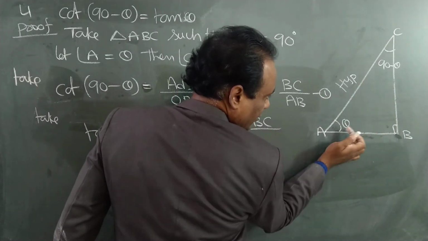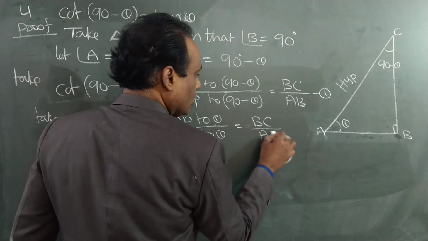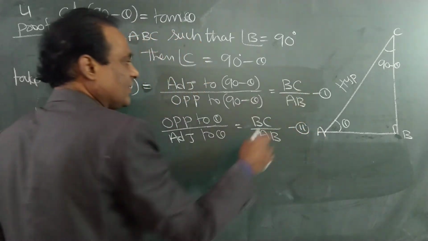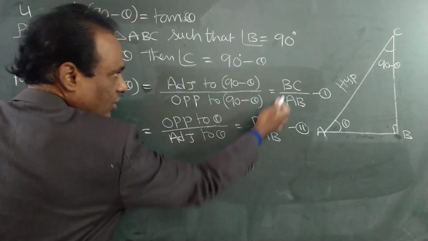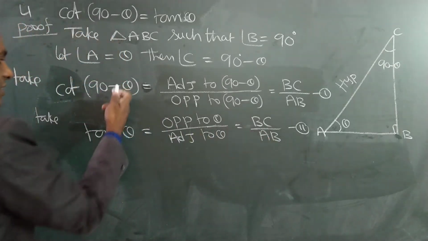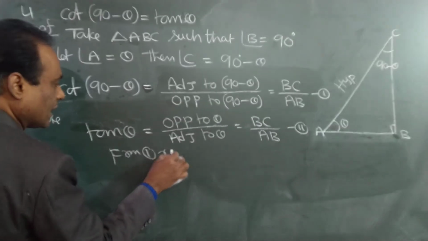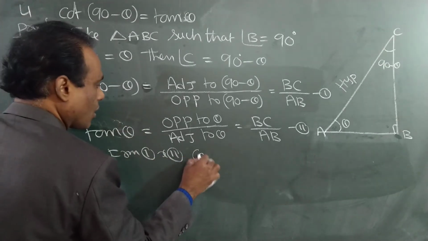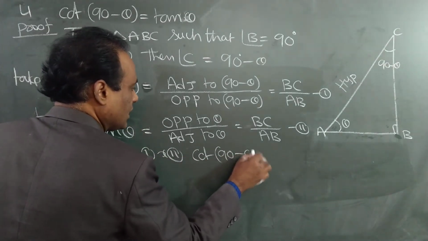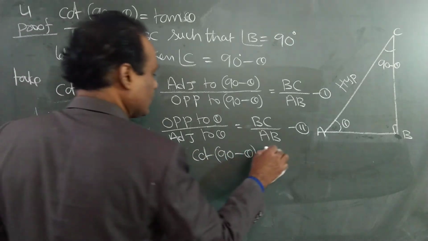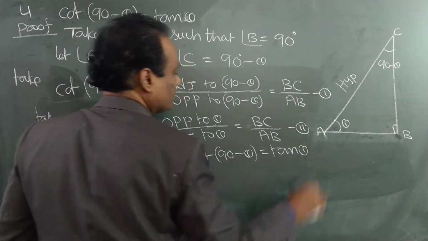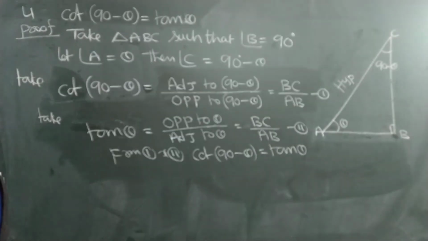Adjacent is attached side to theta, AB. So BC by AB, both are equal. These two are equal. Then these two should be also equal. So from 1 and 2, the conclusion is cot 90 minus theta is equal to tan theta. This also proved. This is the 4th formula.